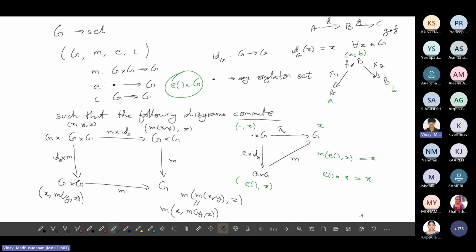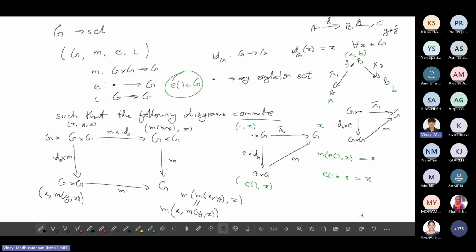And so the other diagram that you can make in a similar manner will have G cross dot, phi 1 to G, IDG cross E. Okay. So this should commute as well. So these two should commute.